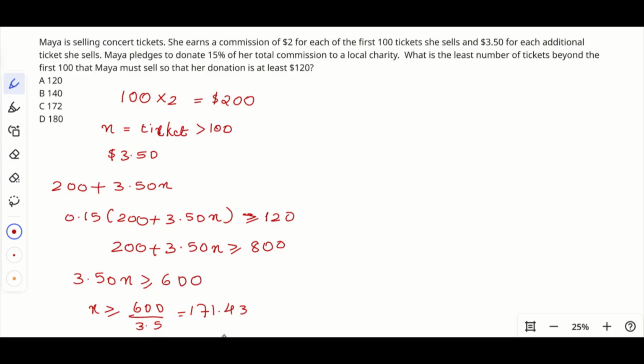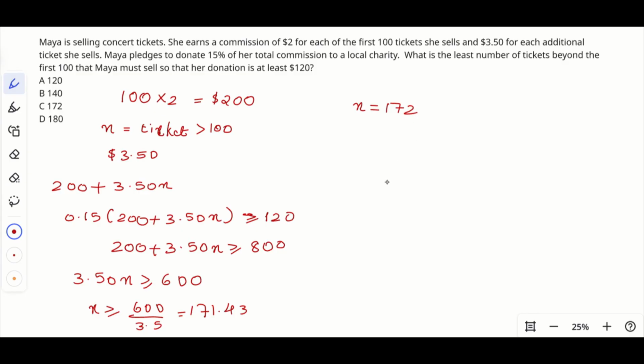So here we will be taking the whole number, since a fraction of a ticket won't be possible. Since Maya cannot sell a fraction of a ticket, we round up to the next whole number. Okay, so let's round it up to 172. So we'll take x equal to 172. Clear?